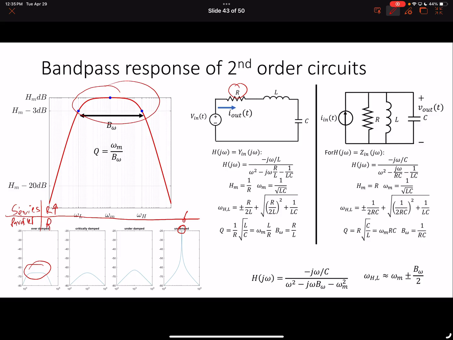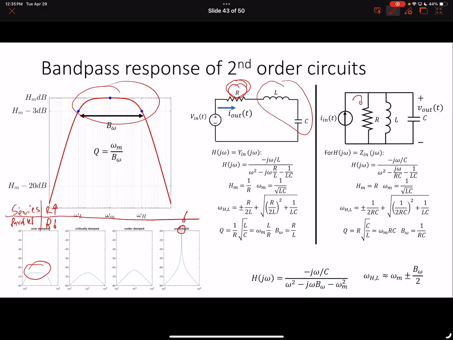For the parallel, it would mean that the resistance is very low. Remember, overdamped means that most of the current is going to go through the resistor, or in this case, most of the voltage drop will occur over the resistor. So for overdamped, you need the resistance to dominate over the L and C part of the circuit. In that case, you're going to get very large bandwidth. So for the series circuit, if you have a large R, very high bandwidth, and very low bandwidth if you have a small R, and for the other one, it's the opposite.